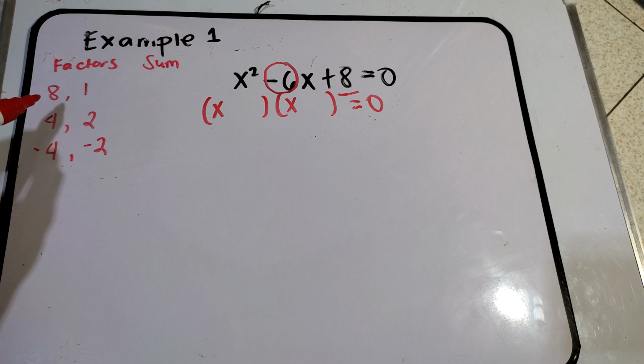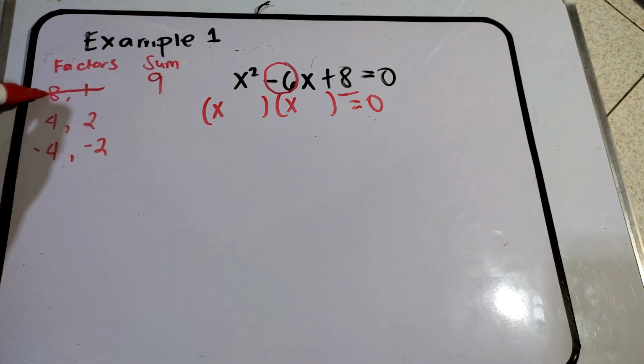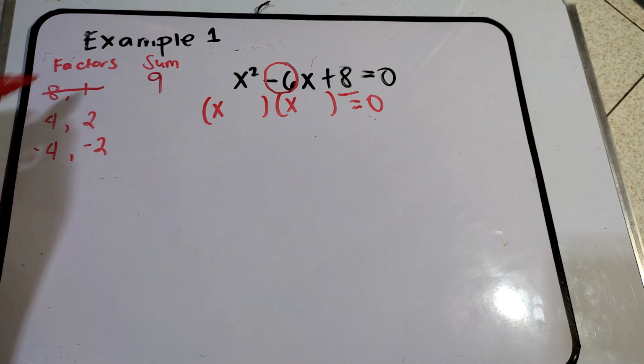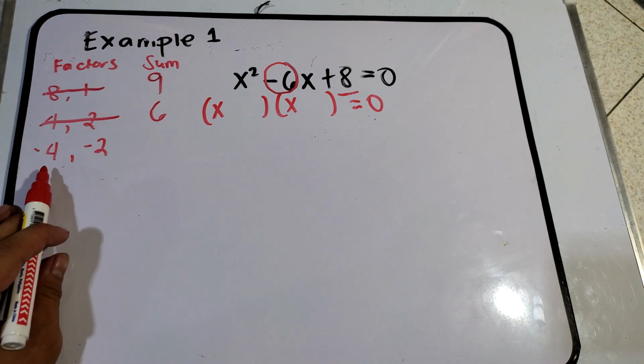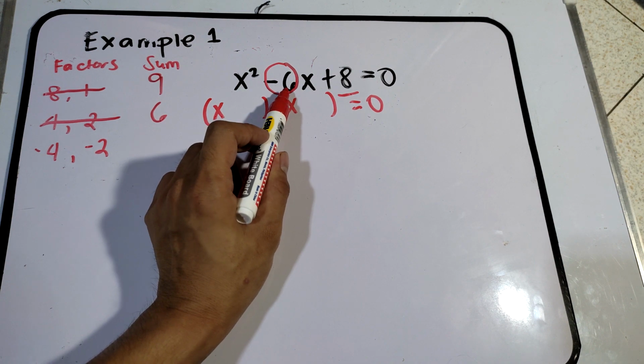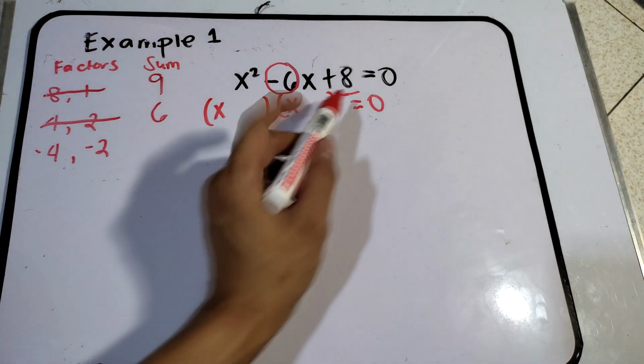So, sum of 8 plus 1 is equal to 9. So, hindi na to. Next, 4 plus 2 is positive 6. So, hindi na to. So, meaning to say, we will use negative 4 plus negative 2 is equal to negative 6. And negative 4 times negative 2 is equal to positive 8.